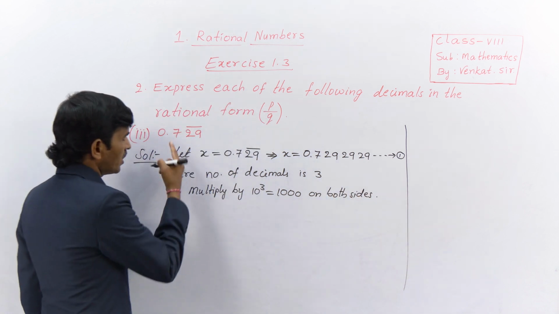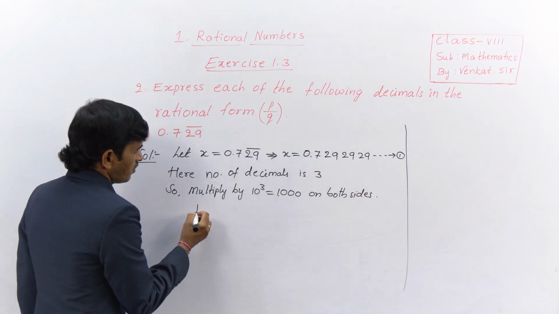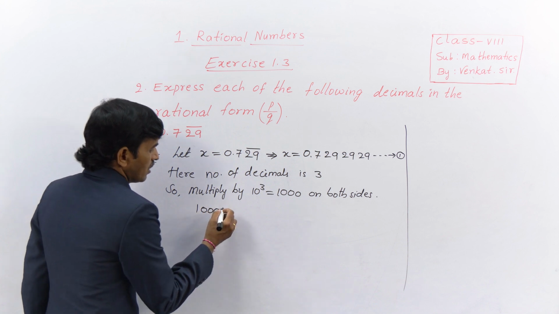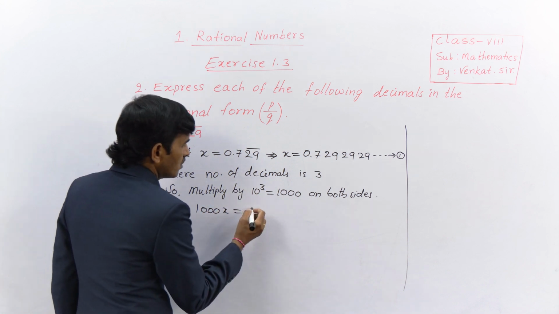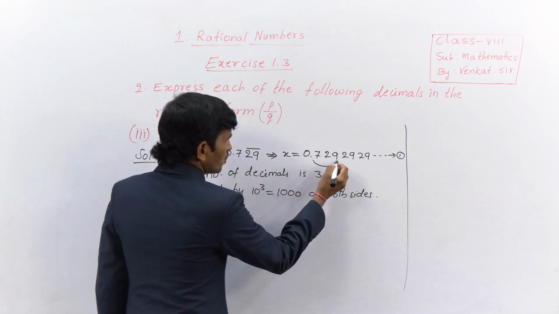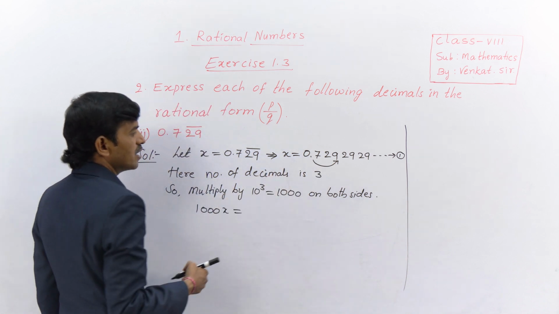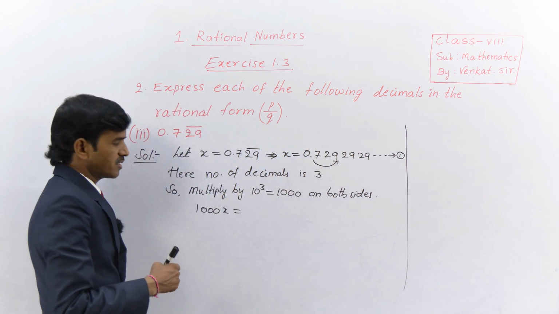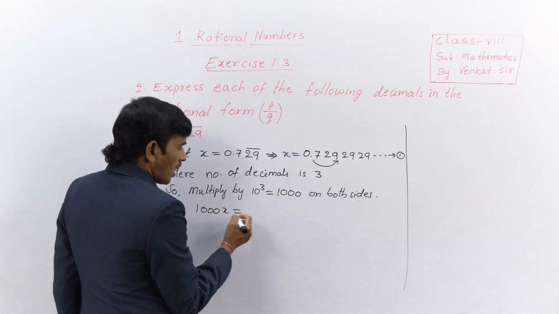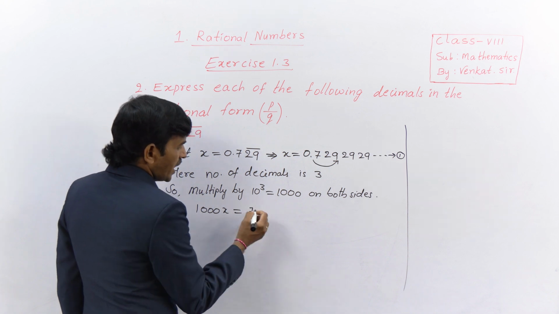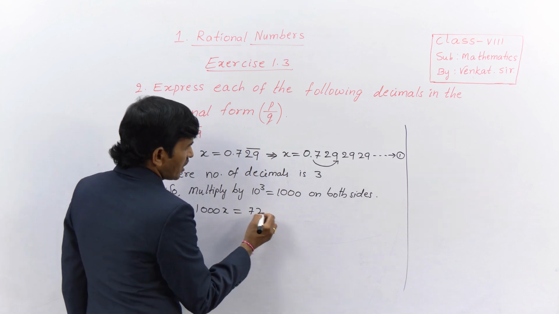When you multiply with 1000, the decimal point moves 3 digits, as the number of decimal digits is 3.